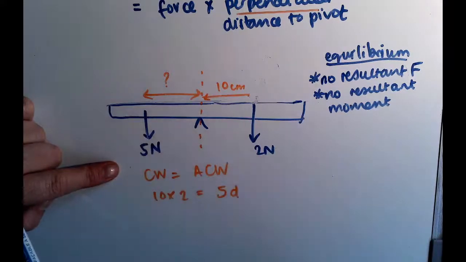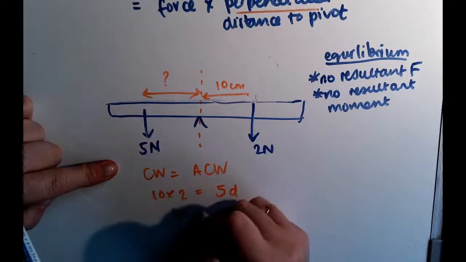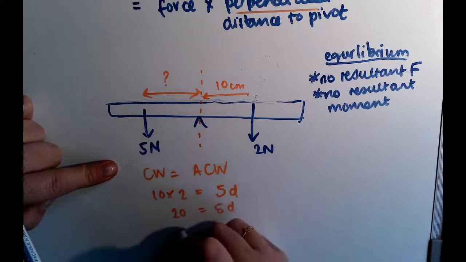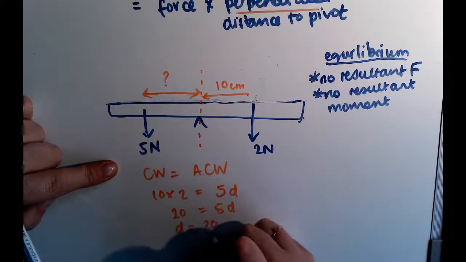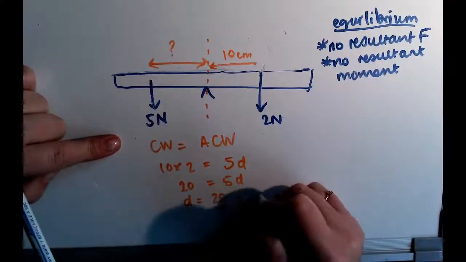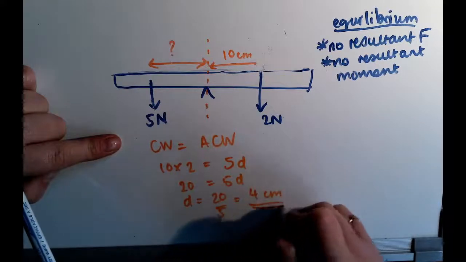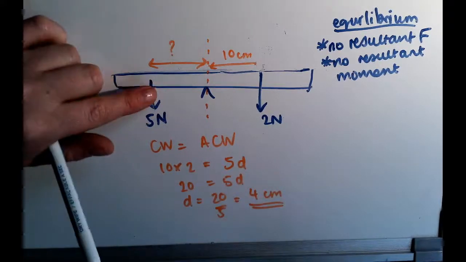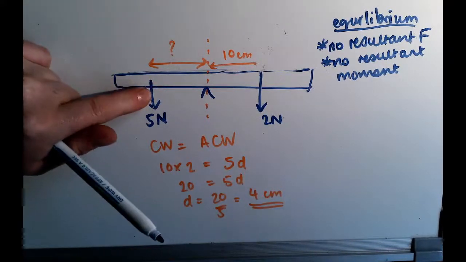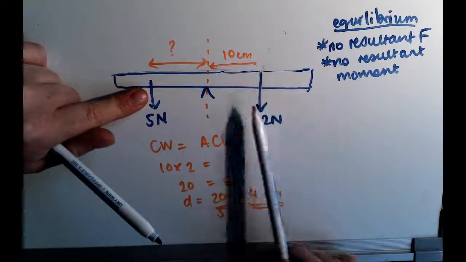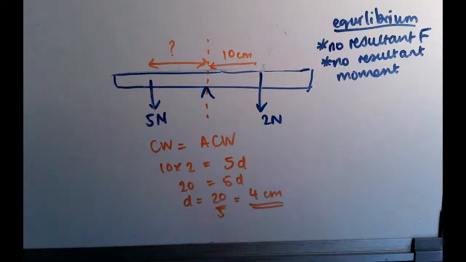I'm just going to call that d for distance. Okay, so 20 is 5d, and d is 20 over 5, gives me 4 centimetres. Okay, so I would have to put this force, 5 newtons, at 4 centimetres from the pivot to make sure that this whole thing did not turn.